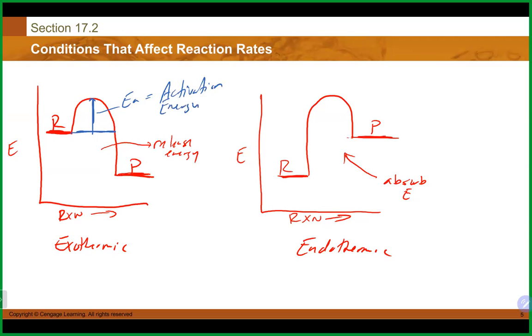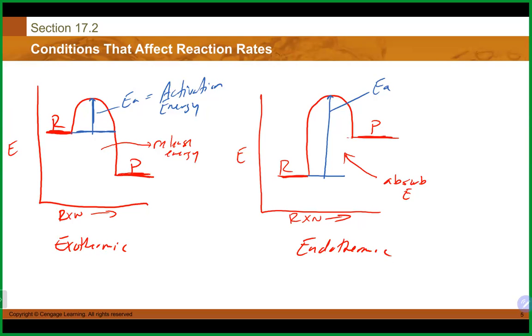And that activation energy is the minimum amount of energy that's required for a reaction to take place. It's that hill of energy that the reactants have to climb to get to the other side. For our endothermic reaction here, it would be here, our E of A.